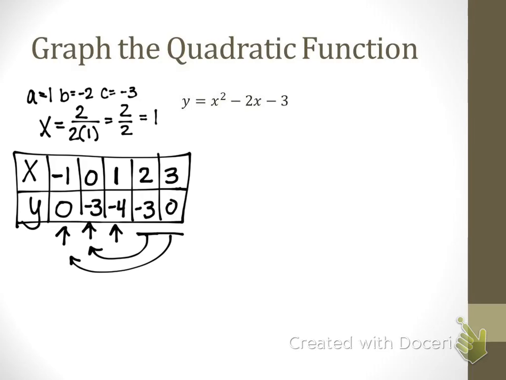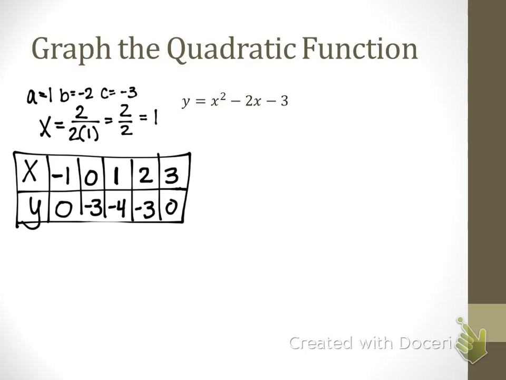If you use 2 numbers that are bigger, 2 numbers that are smaller, that will always happen. So technically, if you wanted to, all you would have to do is find the first 3 values. Then you would automatically know the last 2 because it's always going to be the exact same numbers. So 0 and -3 on the other side of that vertex is going to be -3, 0.